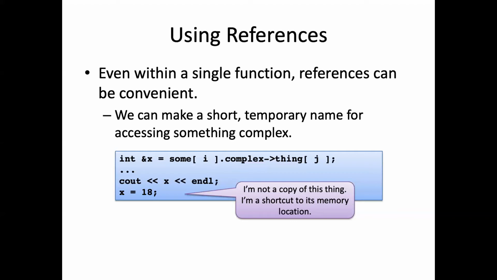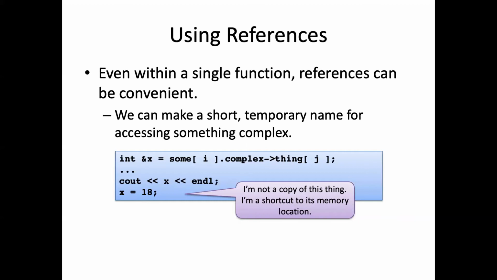Instead, what if you want to use this thing more than once? You could just take a reference to it. I made x refer to whatever this evaluates to. And then if I want to print out what that thing was, I can use x. If I want to sneak in and change it, I can use x. So you can think of using a reference as a way of getting a shorthand name for a thing that you've previously evaluated.